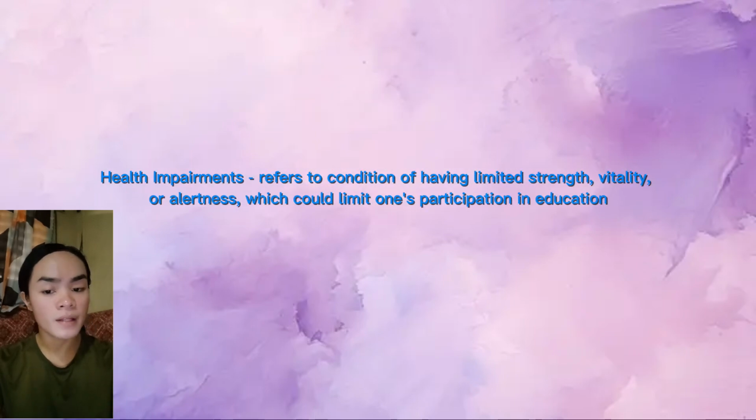Health impairments refer to the condition of having limited strength, vitality, or alertness, which could limit one's participation in education. For example, when one has a heightened alertness toward environmental stimuli, it could limit one's alertness when it comes to the educational environment.